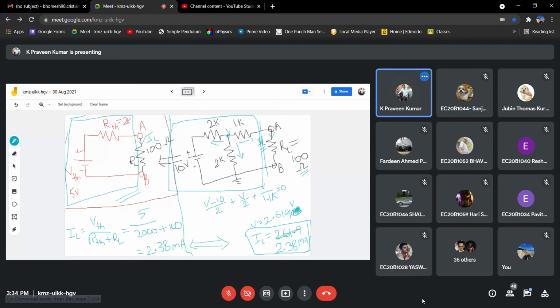Okay, so we will simulate the same thing in the tool. Let me open the tool first.